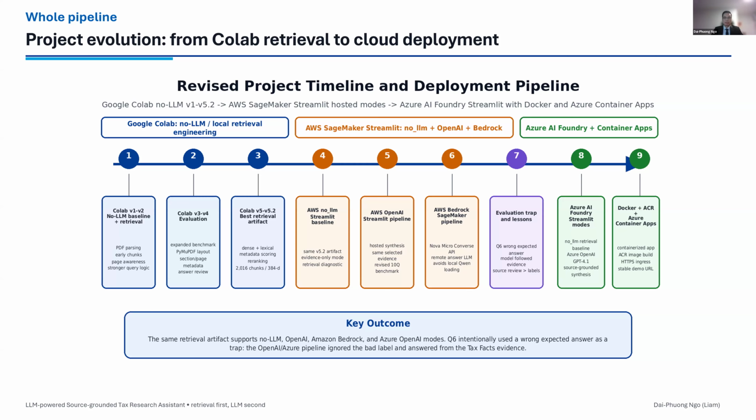Third, I moved the current version to Azure AI Foundry with Azure OpenAI in the same model version, GPT 4.1, and deployed Streamlit in Docker on Azure Container Apps. The important point is that the evidence layers stay consistent. The answer generator changed, but the retrieval remained the backbone.